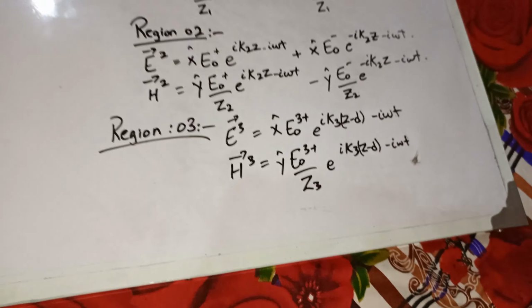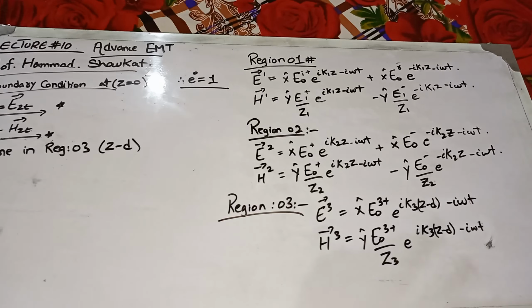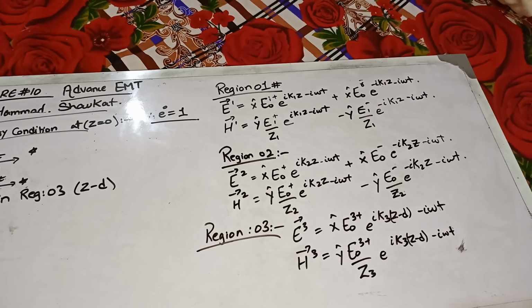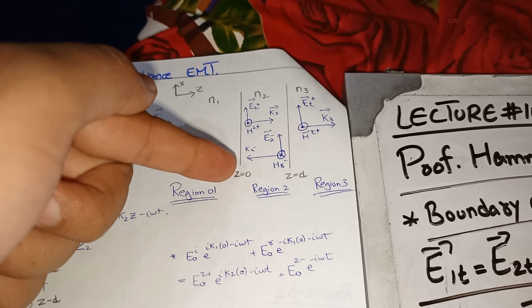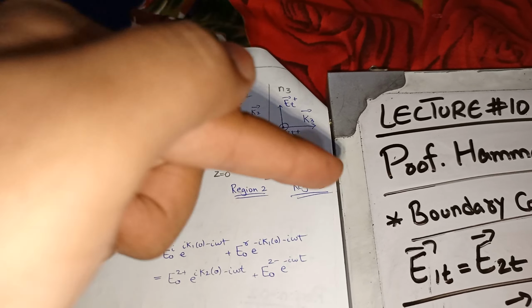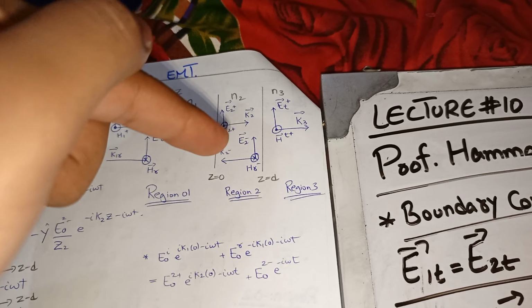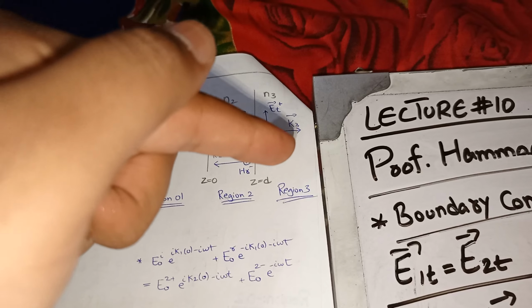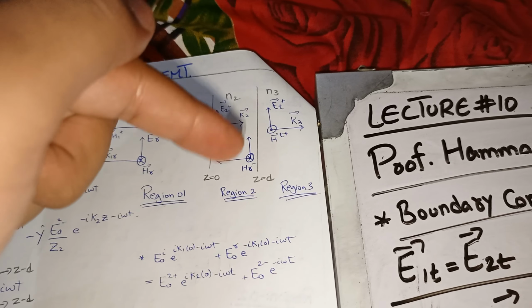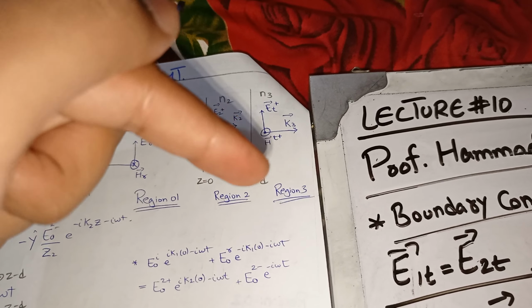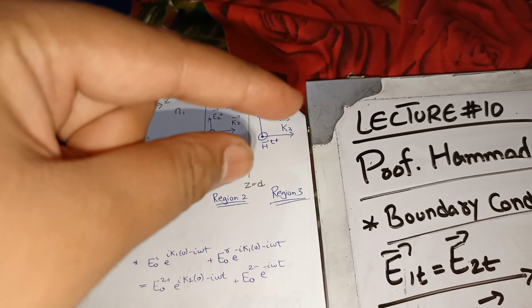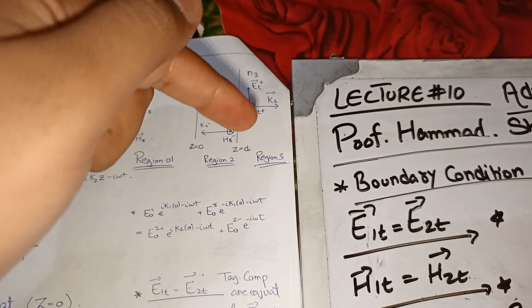Why does this happen? Because when you are in the first and second region, at the first boundary condition, the distance is z equals 0, and the complete distance is z, and the distance between the two boundaries is d. So when you are in region 3, you have already covered this distance d, and the total distance is z, so the distance in region 3 becomes z minus d.